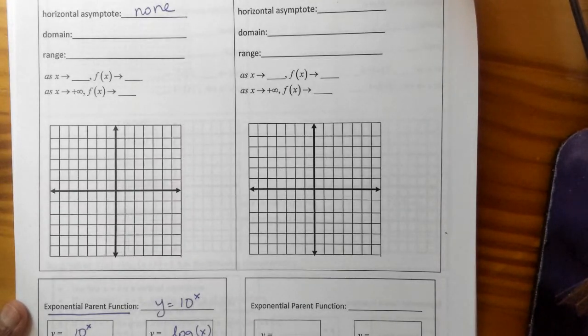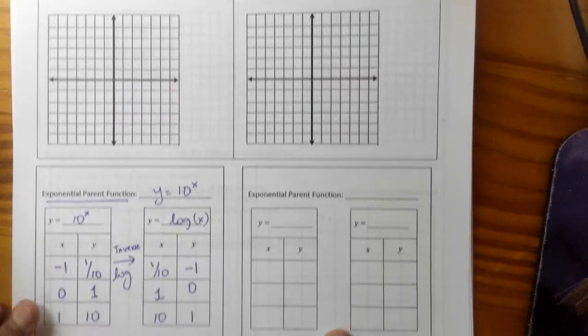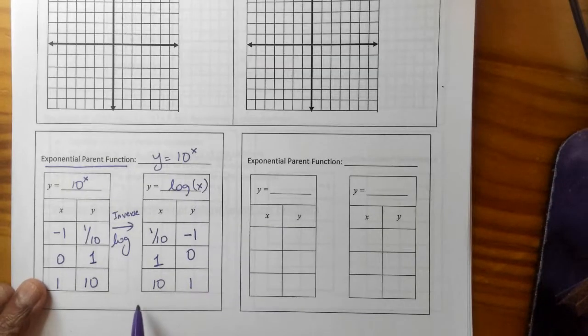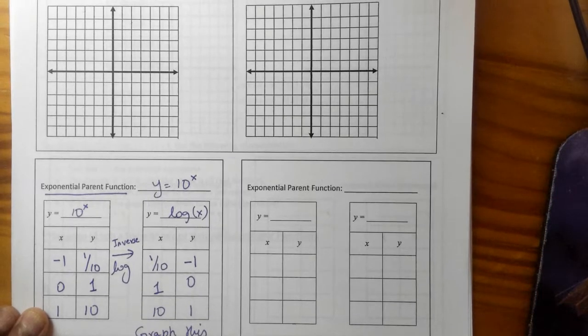So first, going back to the table, you have these points. You're going to graph these lightly, and then what is my shift? My shift is to move 2 up, because there is no horizontal shift if you look at your original equation.